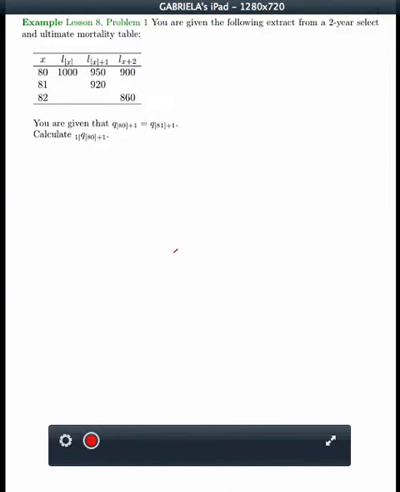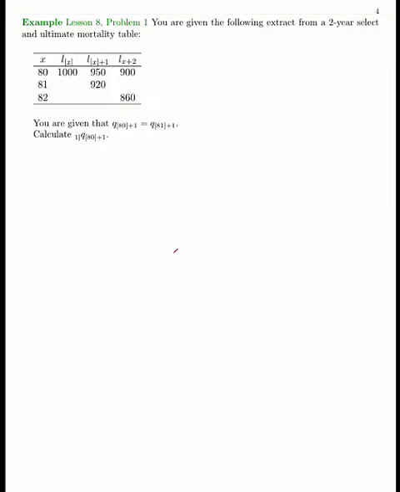Here's another problem. This is problem 1 in lesson 8. Okay. So we want to compute 1Q80+1. And we can write that in terms of L's, right?